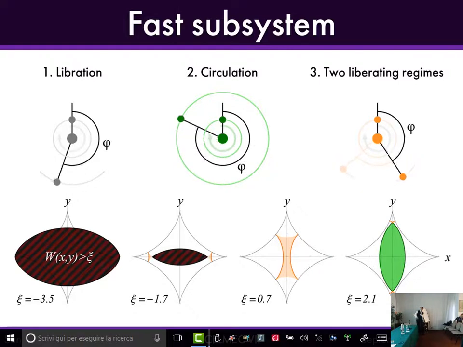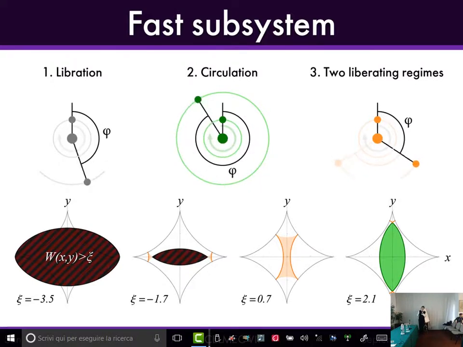Here are also some pieces of this area. The last black region corresponds to the case where the energy level lies completely below the potential, thus the system can't go there, so it's a forbidden region.